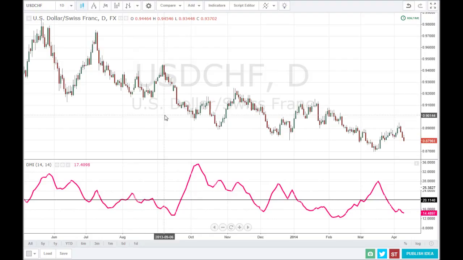It's interesting to note though that this last drop stayed in the 20 zone for a longer period of time than previous drops, which could signal that this trend is starting to come to an end. And the ADX is currently in the 20 zone.